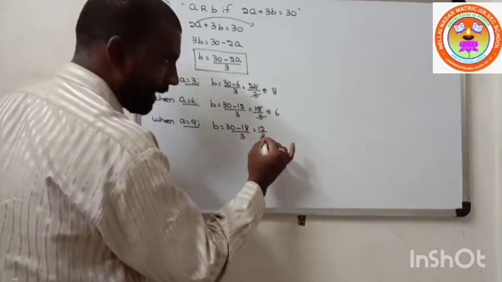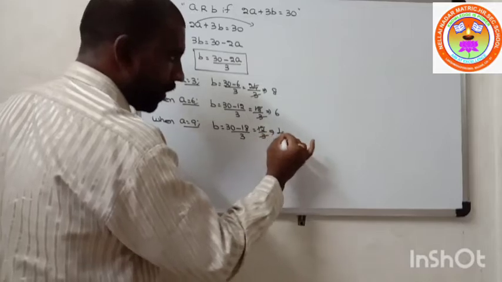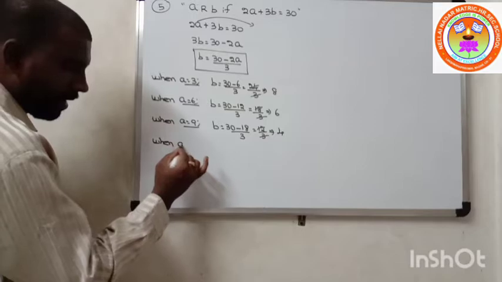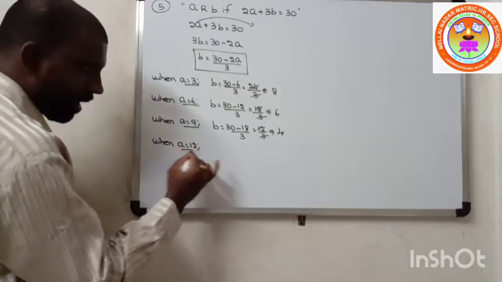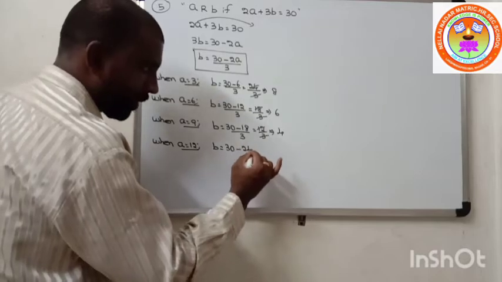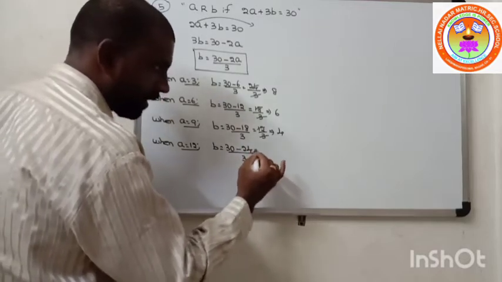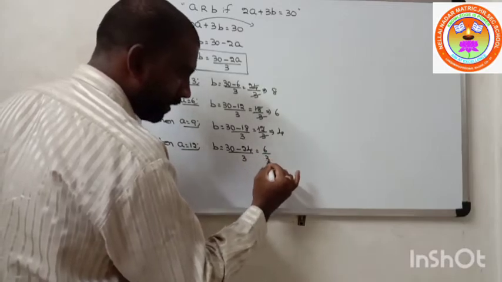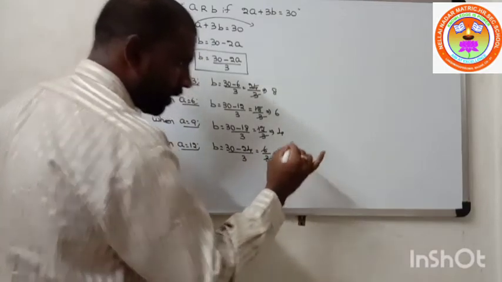So 12 by 3, 4. When A equal to 12, B equal to 30 minus 2 into 12, 24 by 3. So 6 by 3, so 2.